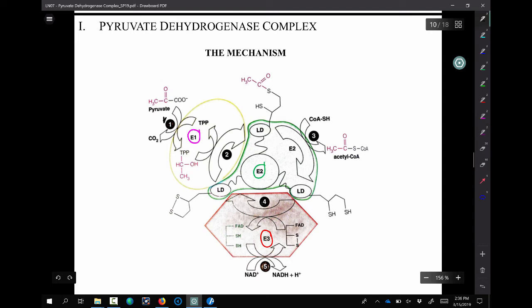So we're going to look at five different steps of this enzyme using this figure. The very first step is step number 1, and look at this: number 1 is decarboxylation.